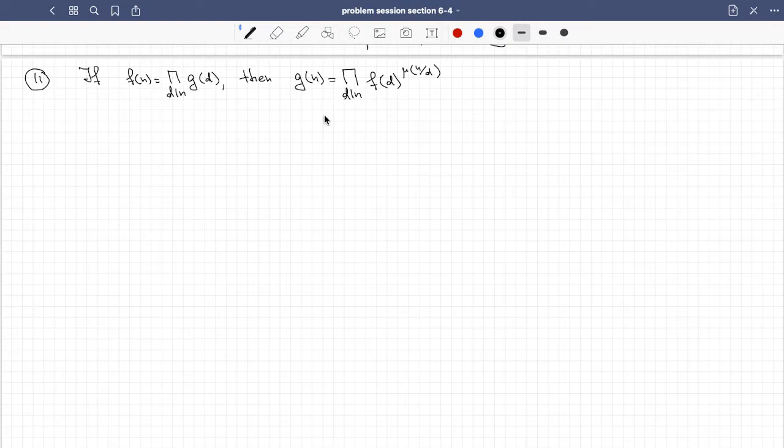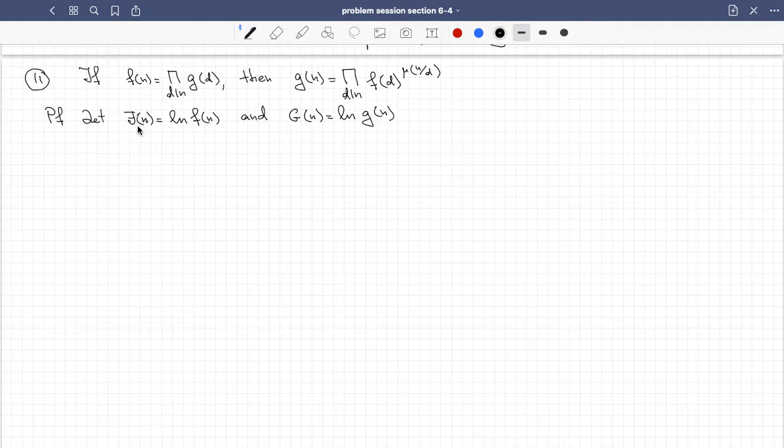So we follow the hint and define capital F of n to be logarithm f of n, and capital G of n to be logarithm g of n.